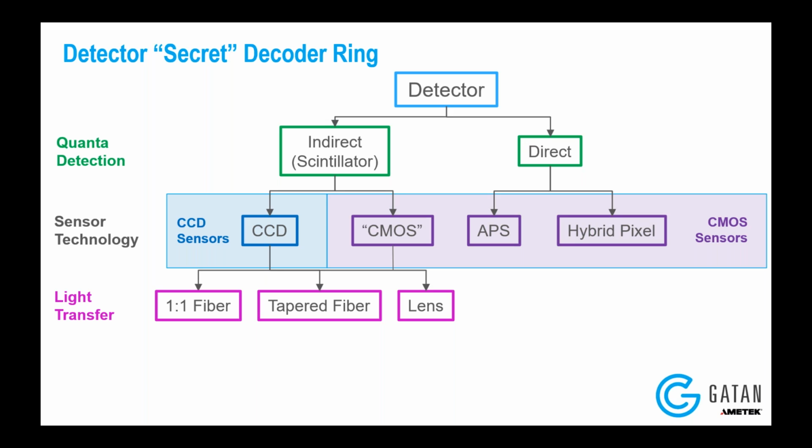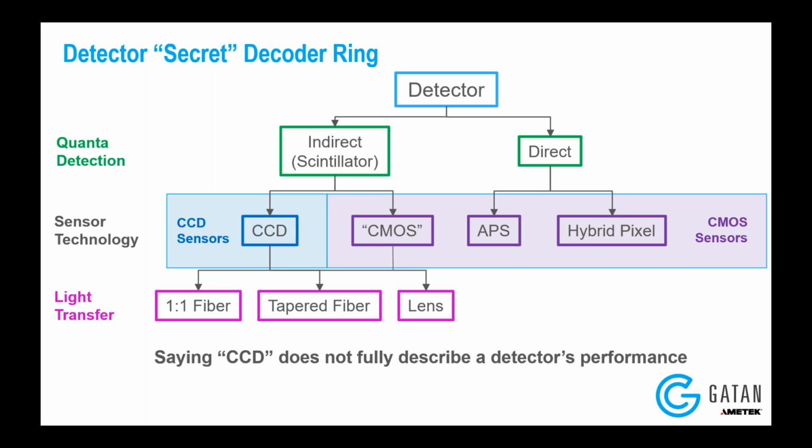And the way that light is being transferred affects the sensitivity of the camera and determines whether or not there's any type of artifacts that may be introduced into the image and the data that you acquire with the camera that you're using. So all this goes to say that describing a camera as CCD nowadays doesn't fully describe its performance.